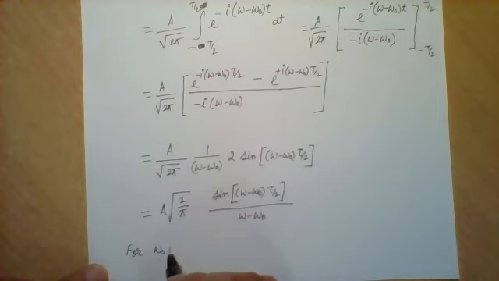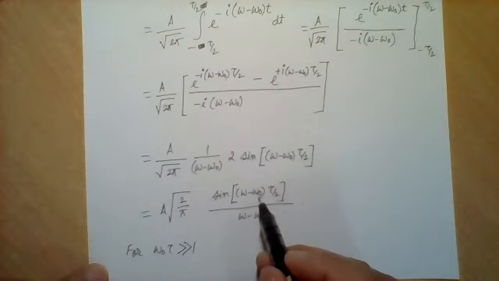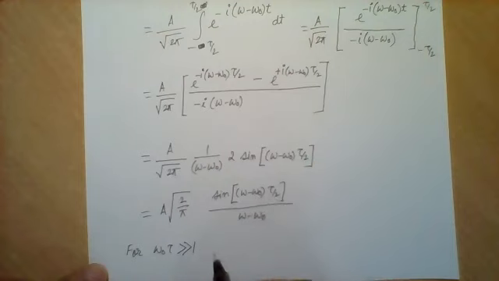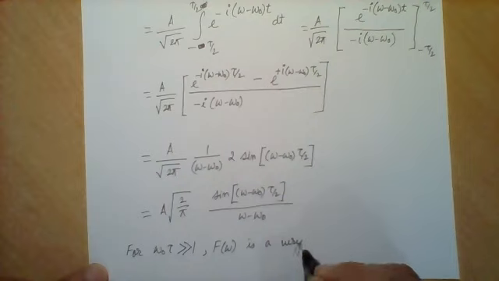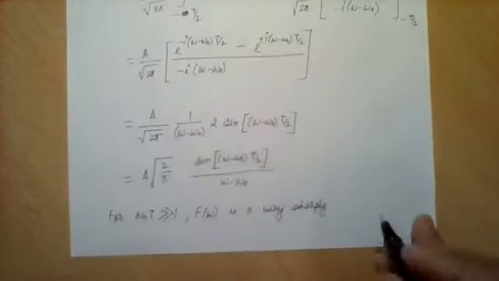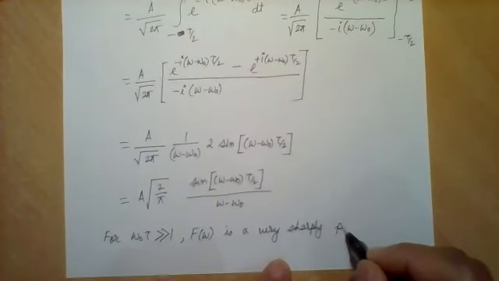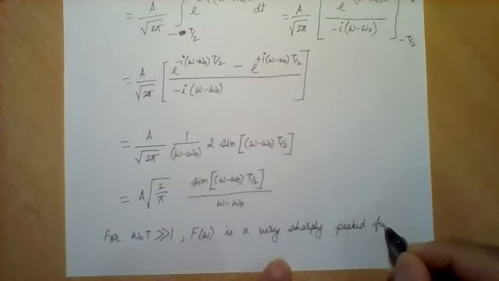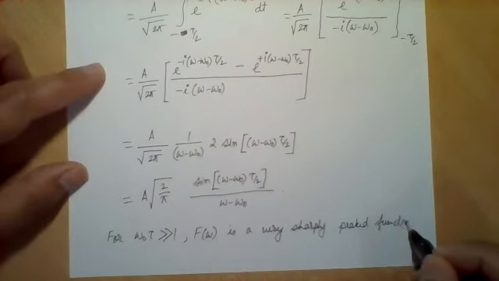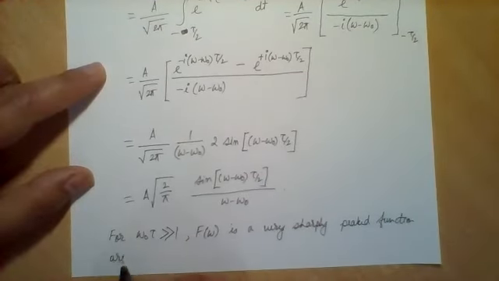Okay. And for omega naught tau much greater than 1, if this omega naught times tau is much greater than 1, then F of omega is a very sharply peaked function around omega equal to omega naught.